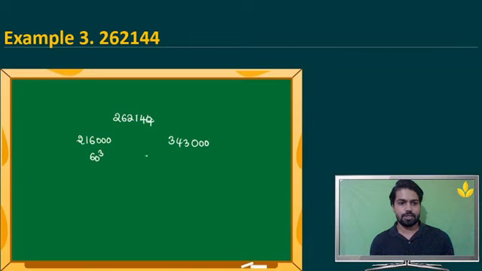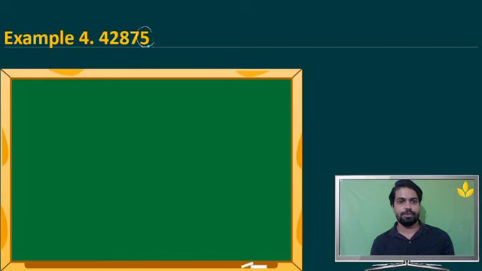So this is 60 cube, this is 70 cube. My answer is between them, ending with 4. So it will be anything between 60 and 70 ending with 4. That means it has to end with 4 only. So the answer is 64. The cube root of this number is actually 64.